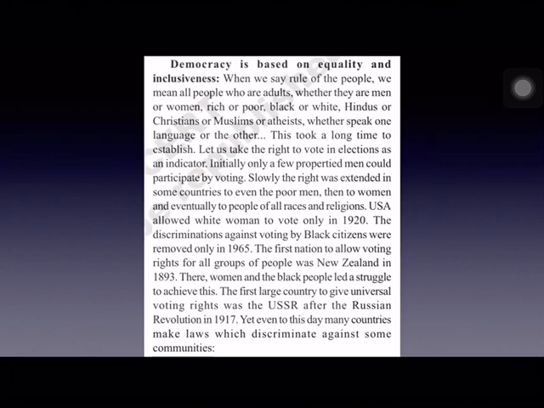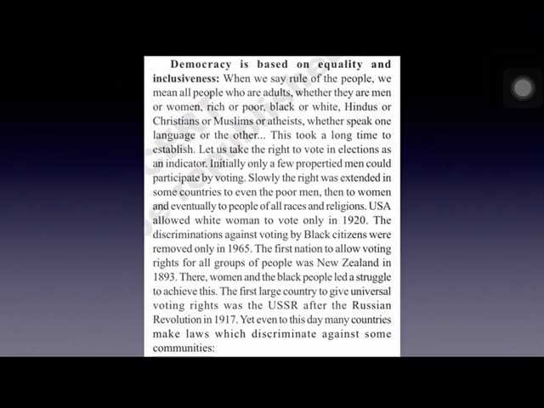People means all the people, irrespective of their caste, creed, religion, language, all are considered as people in a democracy because all are equal. Now, to have more clarity, let us take the example of right to vote in the elections. This right to vote in elections was not given to all the people at a time, including in Western countries like USA, England, France, Switzerland.